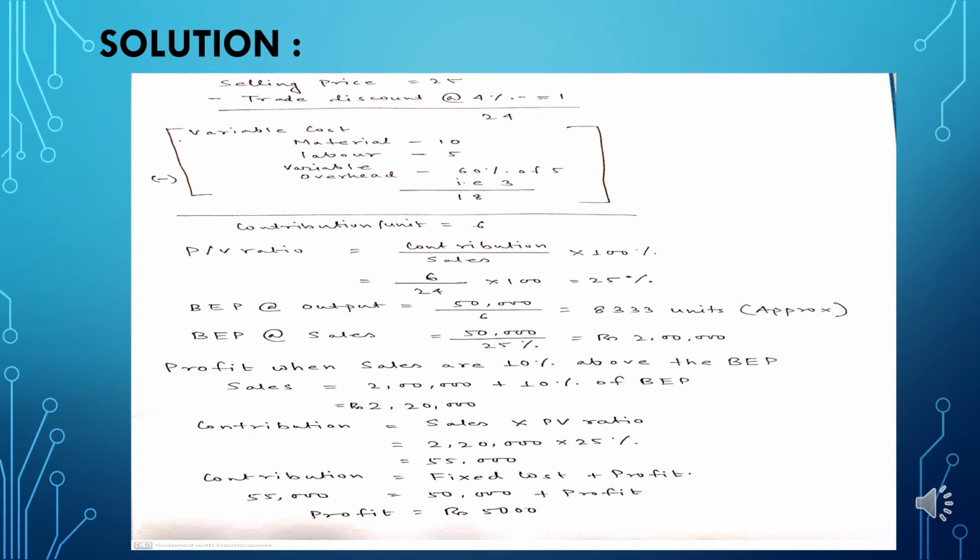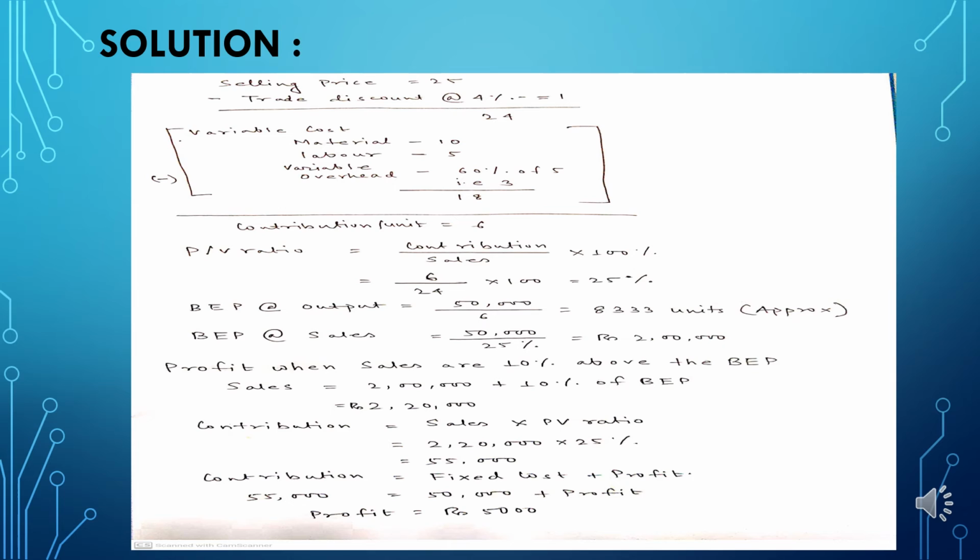Now if we are aware of the formulas here, we know that PV ratio is practically contribution divided by sales. So if we find out contribution, the contribution formula moves to sales into PV ratio. We know the PV ratio to be 25%. If we multiply that with the sales, we get the contribution to be 55,000.